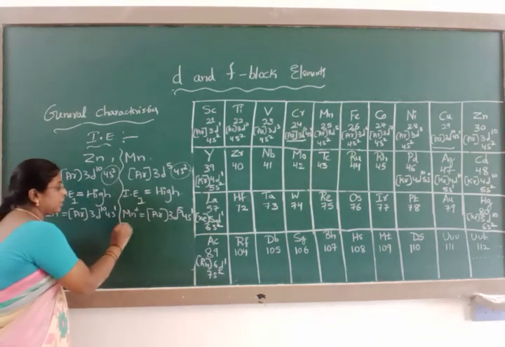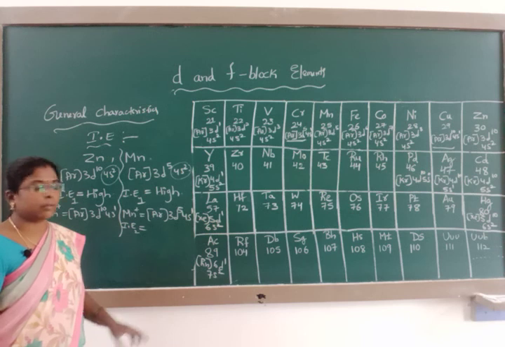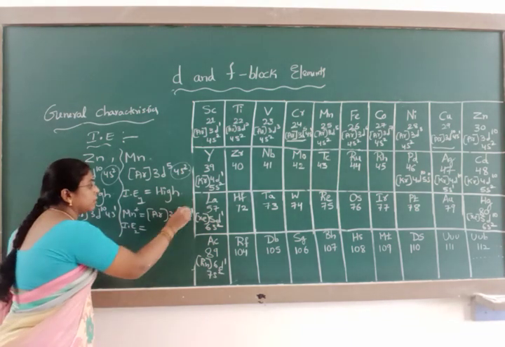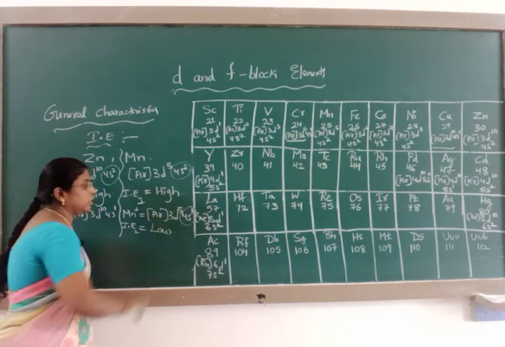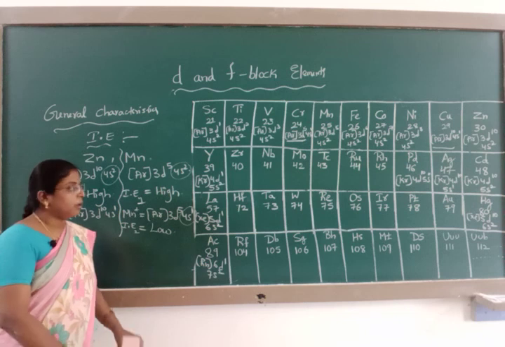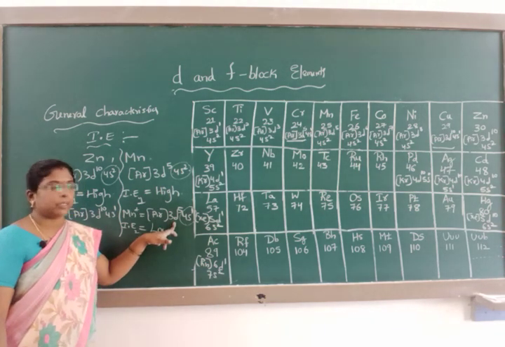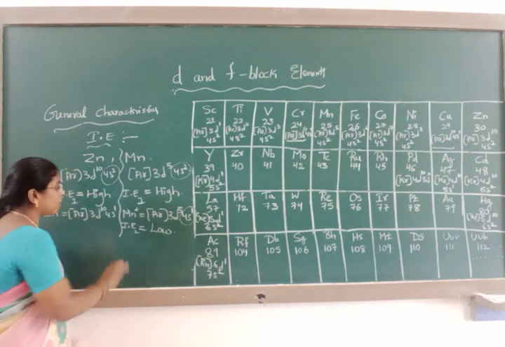If we take the second ionization enthalpy, we have to remove the electron from 4s. The energy required is low because it easily loses the electron. After losing the electron, it attains a stable half-filled configuration. To attain a stable half-filled configuration, manganese easily loses the electron.